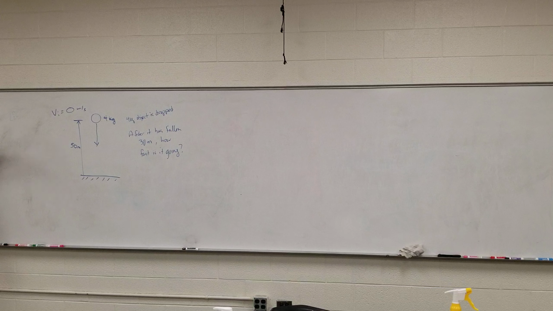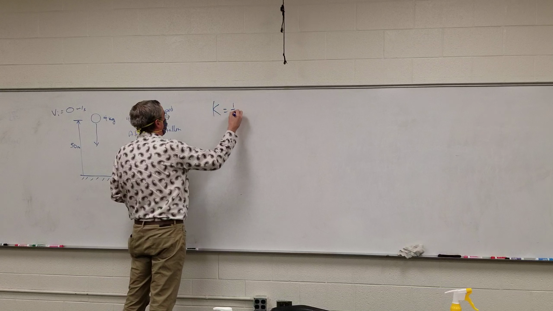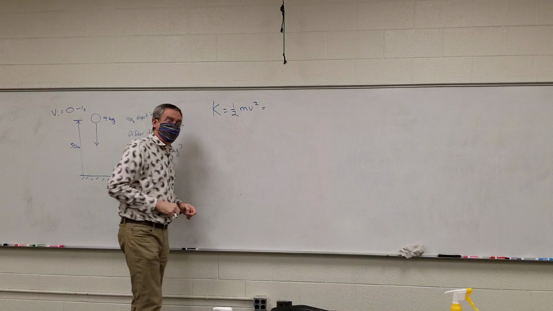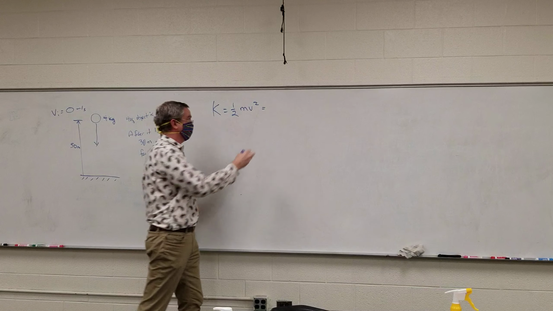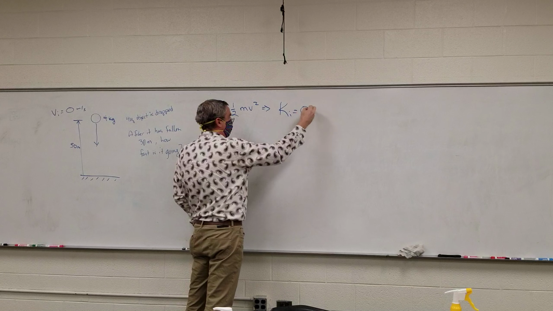So what is the object's initial kinetic energy? 0. Kinetic, as you all know so well, is 1/2 mv squared. Really doesn't matter what the mass is, the speed is 0, so the whole thing is 0. So my initial kinetic energy, 0 joules.